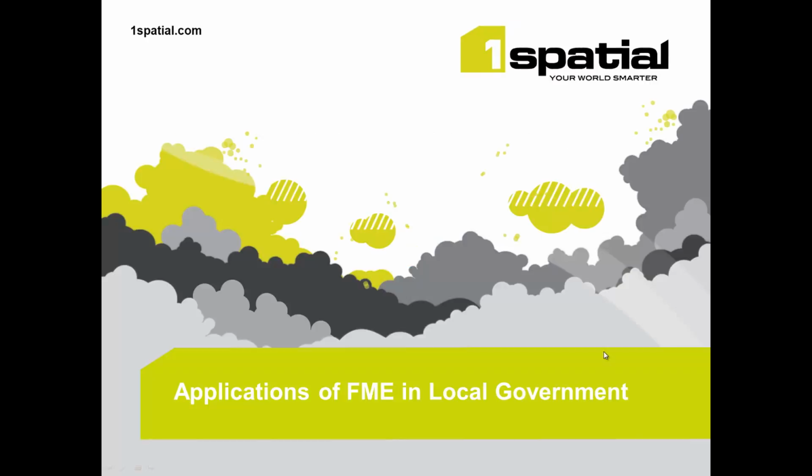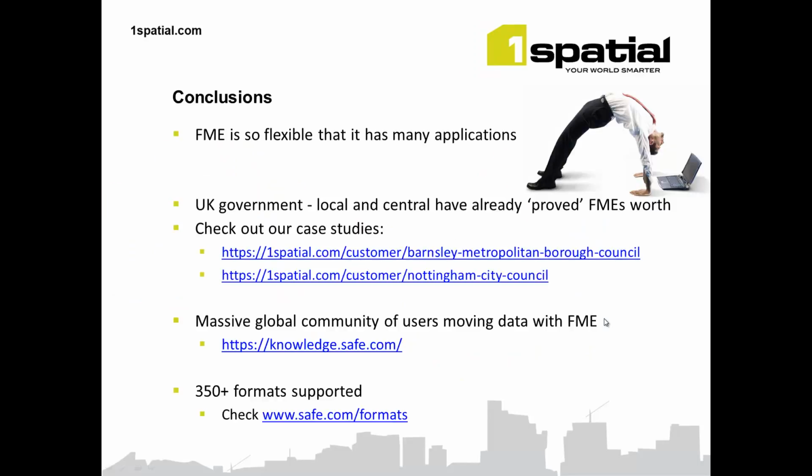So they use FME to both produce the CSV that contains the planning application information, but also tweet as soon as they've published that content. That is also done live via FME in an automated way. So much of the open data that Nottingham produce is produced and published using FME in an automatic way.